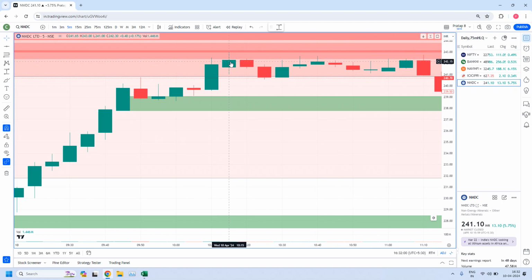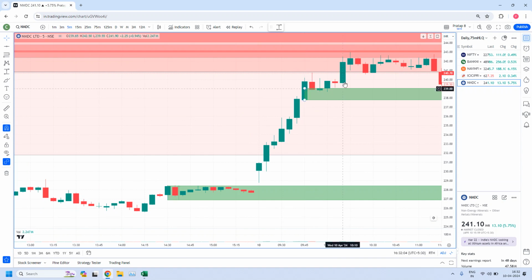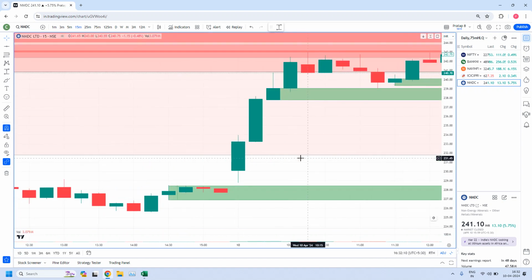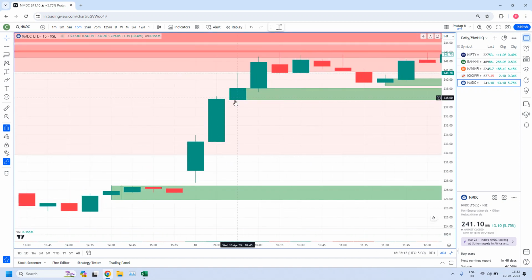See here, at 10:15, prices entered into this. Then what is our target? Target should be the 15 minutes time frame. So where is the 15 minutes time frame? Here we have a rally, we have a base candle, and then again a rally candle. This is going to be the target for this particular entry. So we got the entry at 10:15 and reached the target at the 11:15, 15 minutes candle.